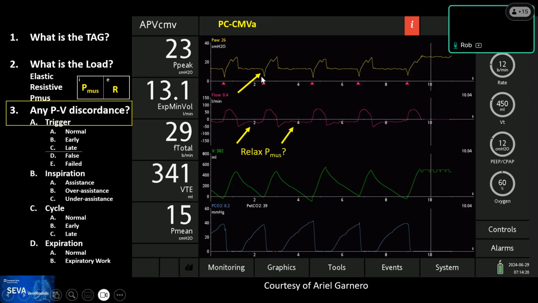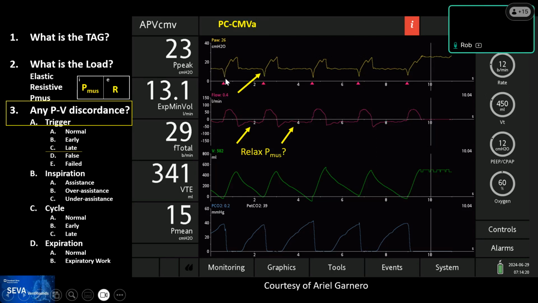Okay. Well, it's a matter of opinion, I suppose, but look at how far the pressure goes down before it's triggered. So if this is 20 to 10, this is something like, what's the PEEP on this patient? Can't tell, but the PEEP is something pretty high.